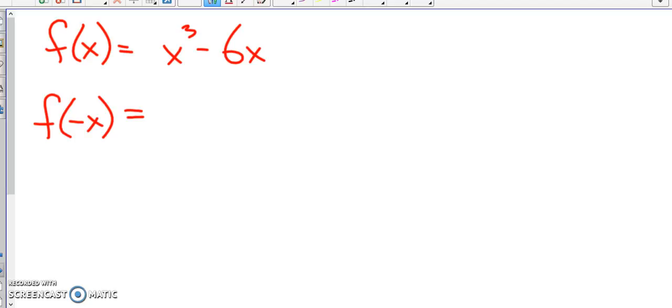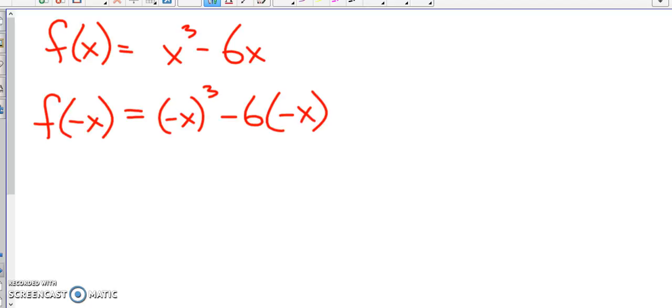So I plug in negative x wherever there's an x. This would be negative x cubed minus 6 times negative x.